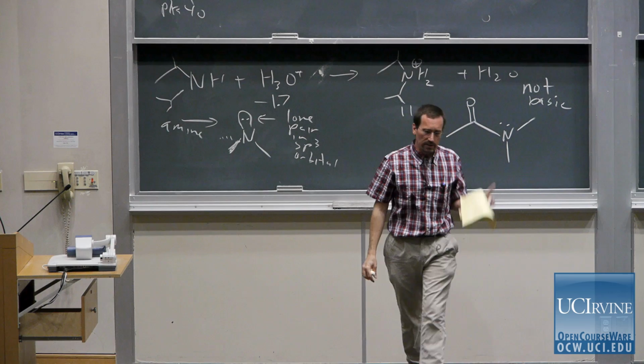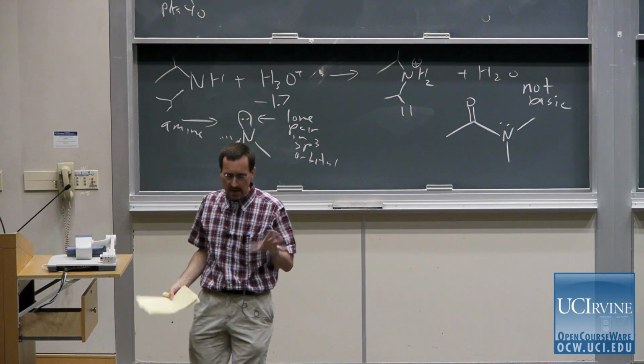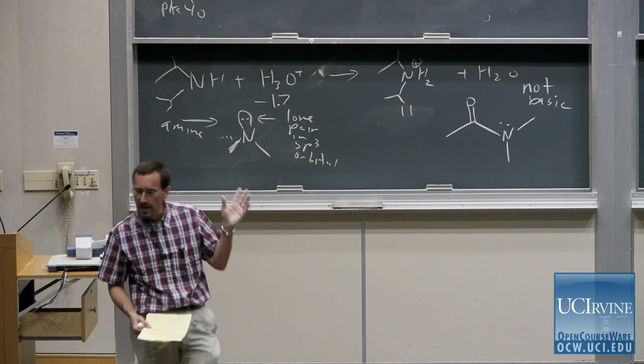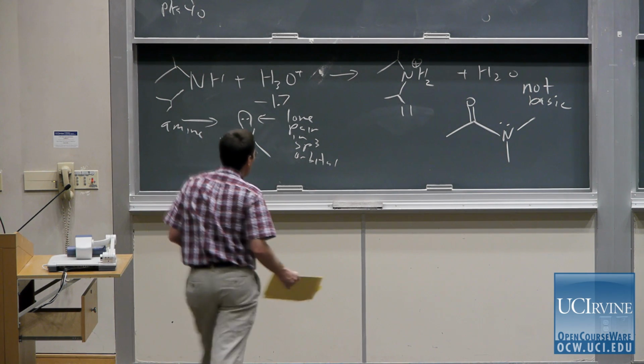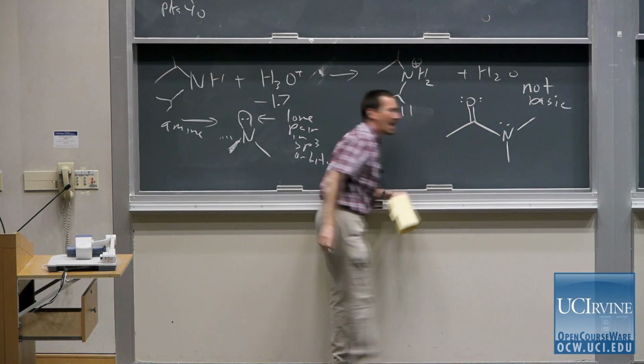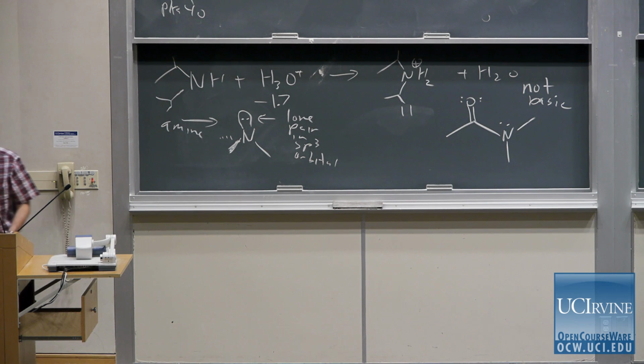It's not exactly true. They're basic, but very weakly basic. pKa sort of into the negative range, -1 for the conjugate acid. But they're not basic on nitrogen. It's the lone pairs on oxygen that actually protonate. That lone pair is tied up by resonance.